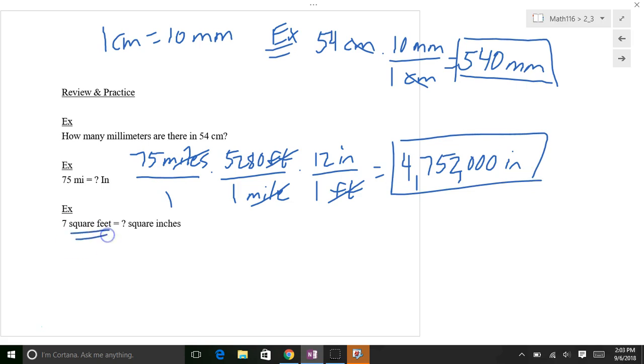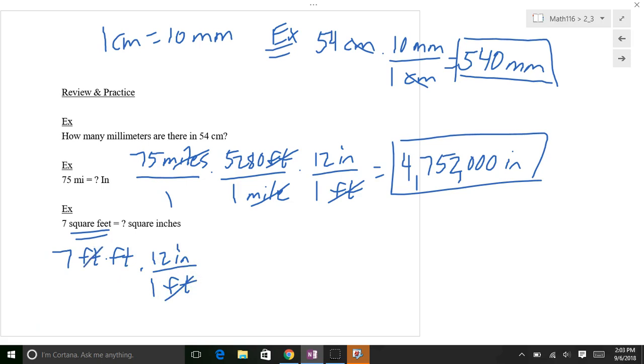Now here we've got square feet. We have 7 feet times feet, which is square feet. So we've got to take care of both of those. We know there's 12 inches for every 1 foot. That takes care of one of those feet. Remember, feet times feet, square feet.